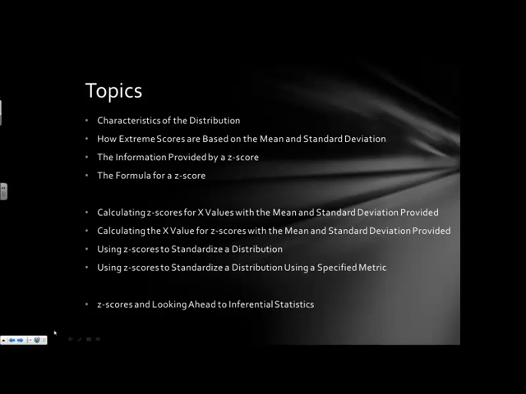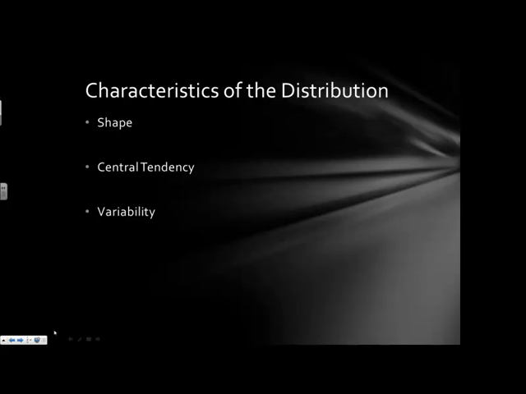And then how to use those formulas to standardize distributions and to look at converting x values into new x values for new distributions. And then quickly look ahead to inferential statistics and how z-scores can be used to make data-driven decisions about populations.